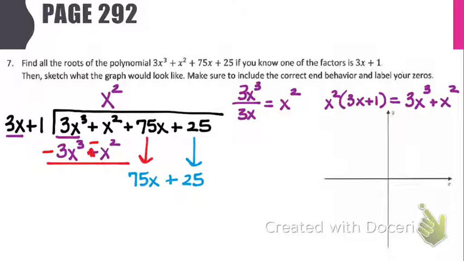And repeat. So divide your leading terms. Take 75x and divide that by 3x.